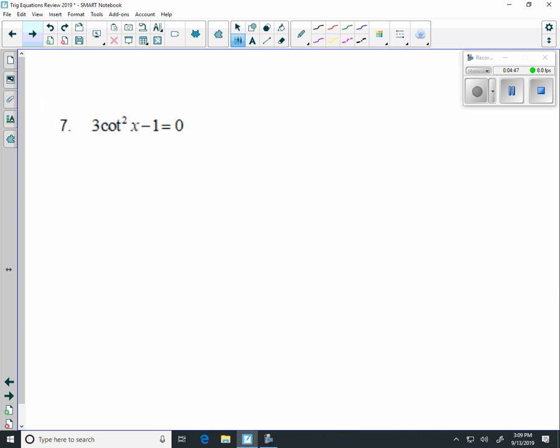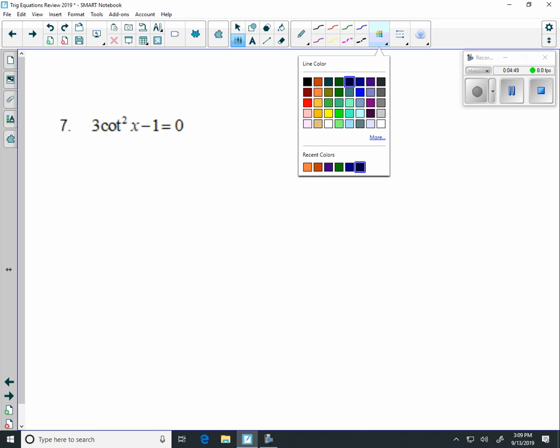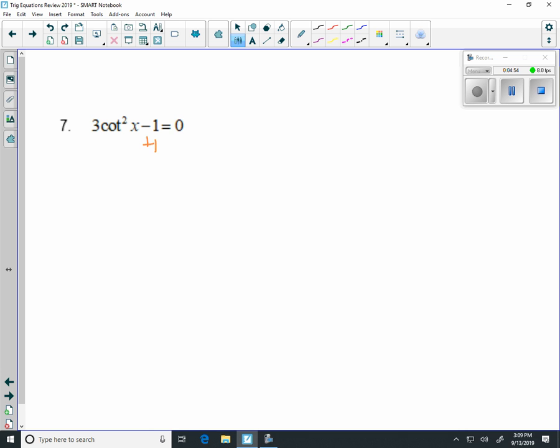3 cotangent squared minus 1 equals 0. Although I do love a good factoring problem, I would not try to factor this one. I would add 1 to both sides, divide by 3, and take the square root.